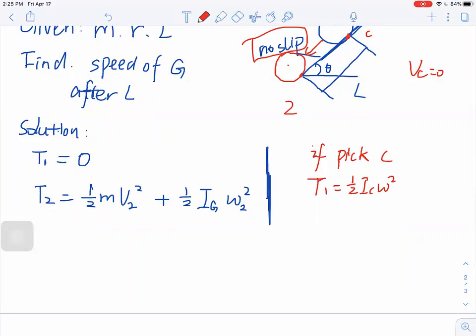This is released from rest, so omega 1 is 0, so this is 0. And for T2, it's going to be 1/2 IC omega 2 squared, because I picked C.